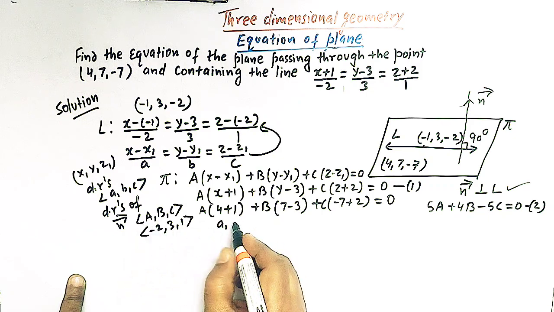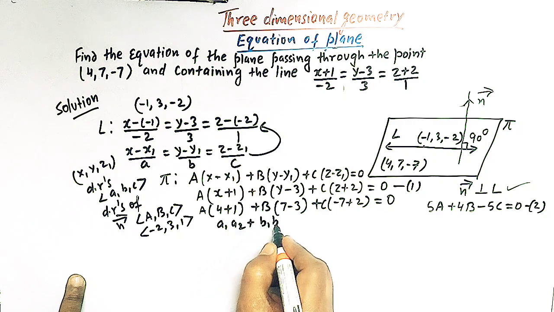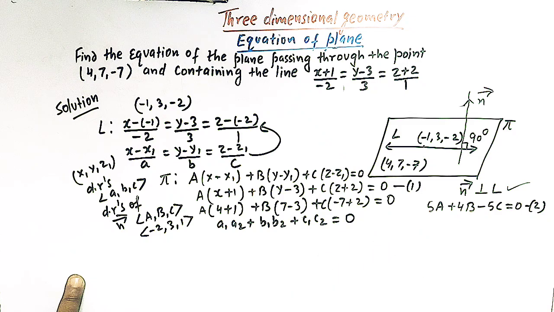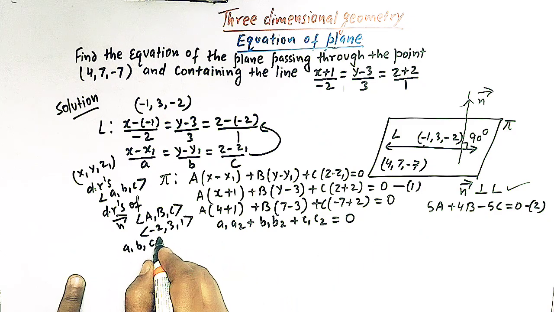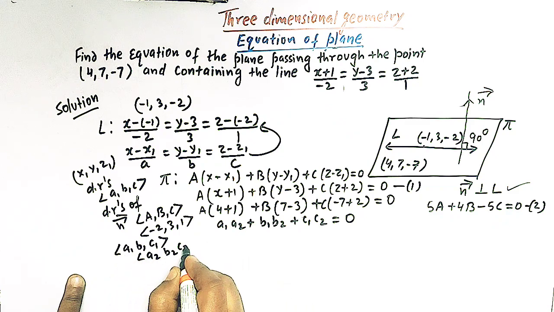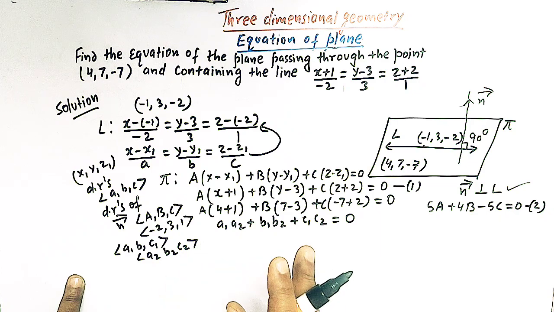And we know that when two vectors are perpendicular to each other, we have this condition, that is a1 a2 plus b1 b2 plus c1 c2 is equal to 0, where a1, b1, c1 are the direction ratios of the first vector, and a2, b2 and c2 are the direction ratios of the second vector, right?